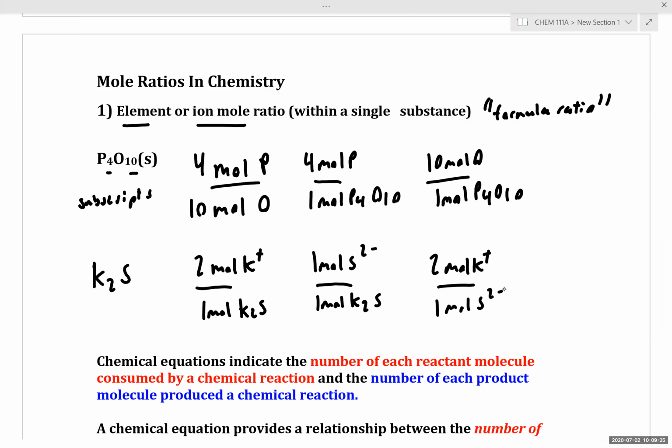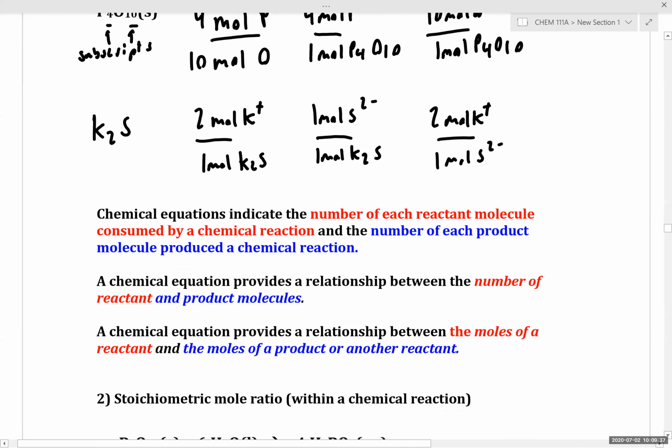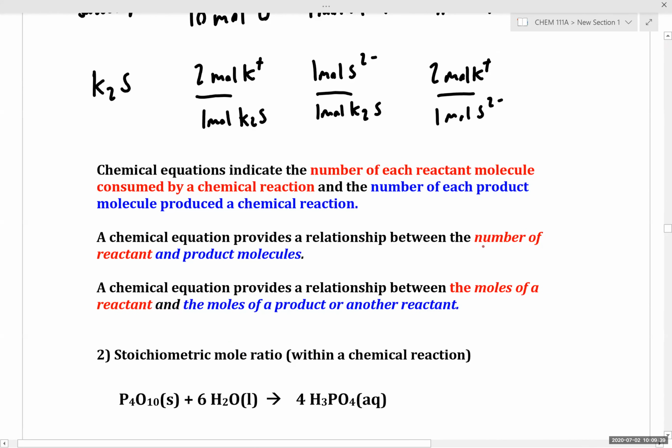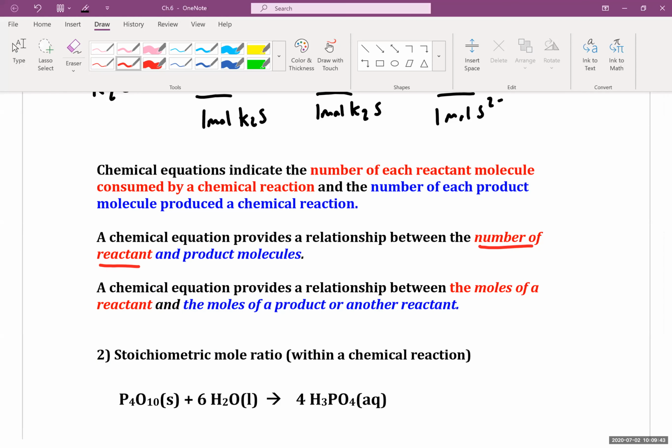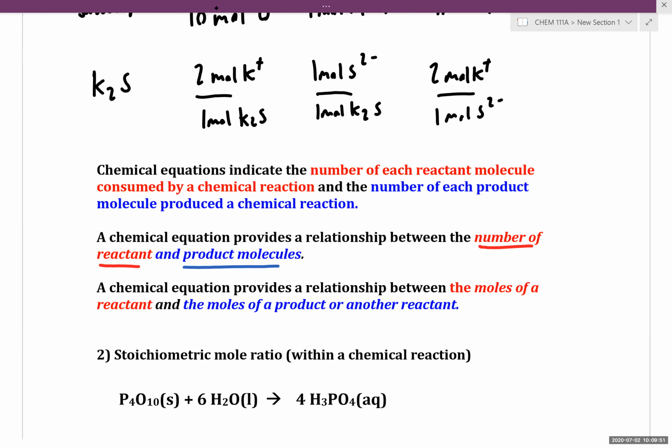So we've certainly used and written out mole ratios based on the formula. Critically, we are reading the subscripts. Now, chemical equations are really wonderful in that they provide a relationship between the number of reactant and the number of product molecules. Further, this particle-to-particle ratio can be written as a mole-to-mole ratio.